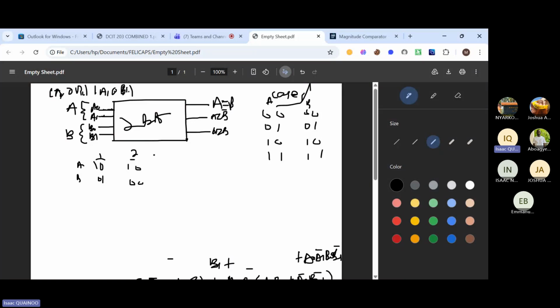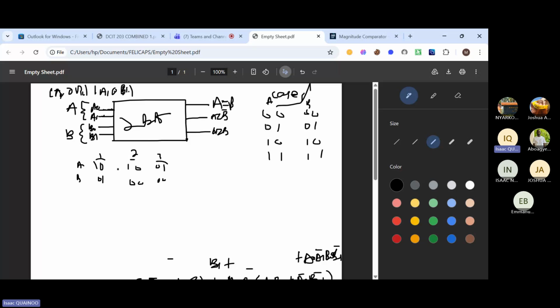So this A will also be greater than B, and then someone will also say that maybe when A is 0 1 and B is 0 0, all these are possible cases where A is greater than B, okay? But now let's make a very simple deduction here, okay?